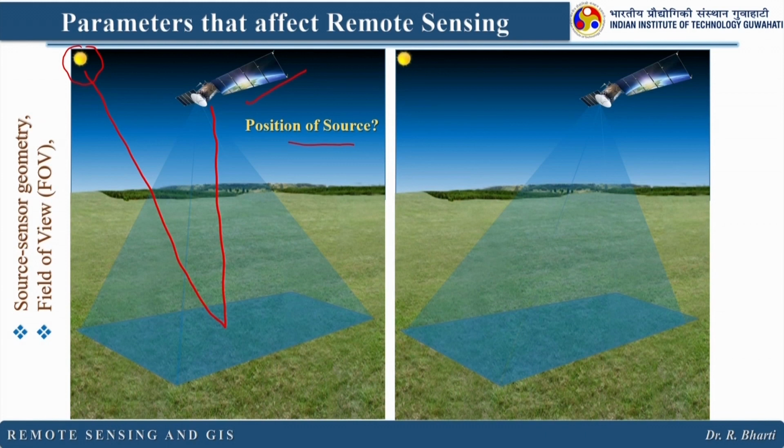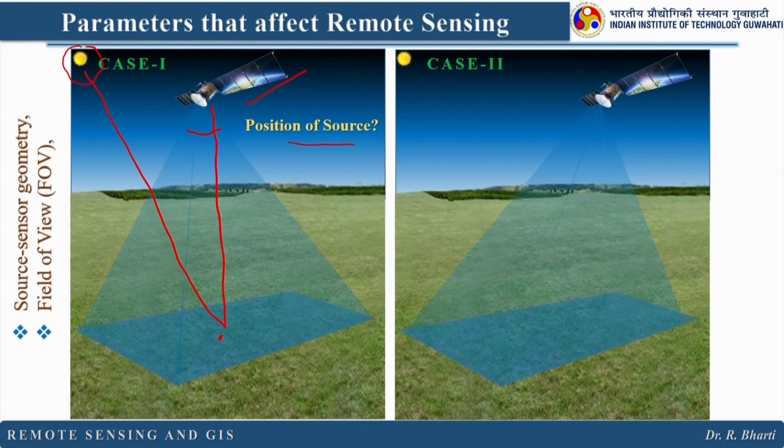So, here you can see in this case the field of view, and the satellite is looking just below, right, just below. In remote sensing we say nadir looking satellites. It is just looking vertically down. So, in this case the center will be somewhere at the center of this particular image.